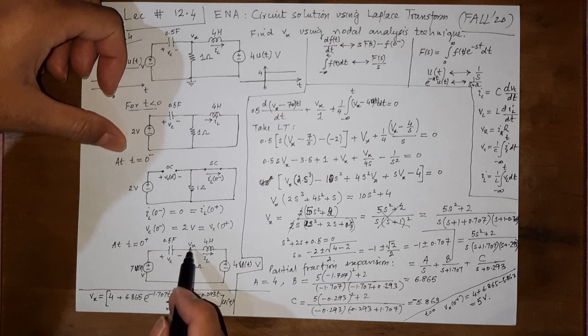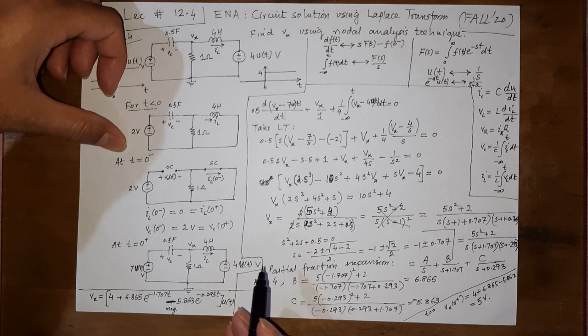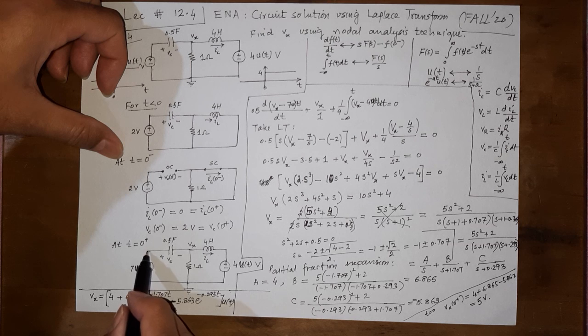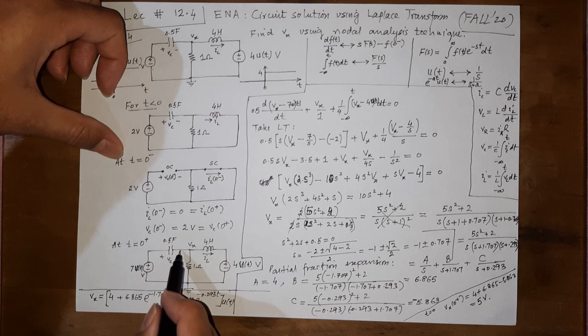So just after 0, this Vx is 5 volts. Let us verify this. So this is 7 volts. This is 2 volts, right? So this is 0. This point is at 7. We have a drop of 2, so we get 5 volts.